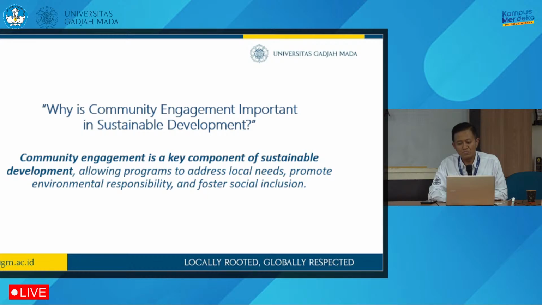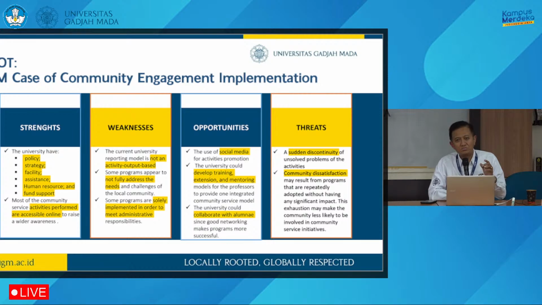So community really becomes a key component that involves addressing local needs, promoting environmental responsibility, social inclusion, etc. As I told you, there are about 5,000 teachers inside Gadjah Mada University, and they have to conduct community services as part of achieving the SDGs.